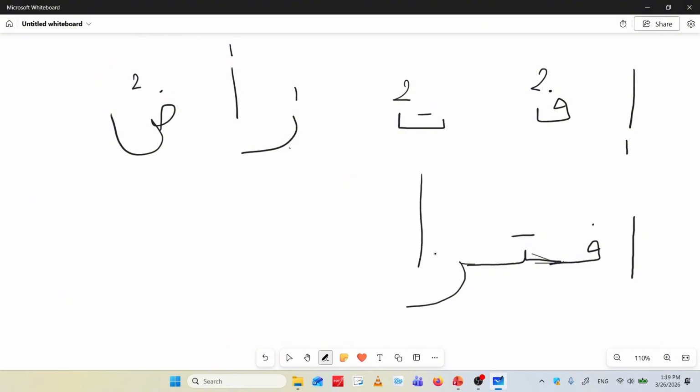And ra and alif will not connect to each other. Whenever you have two letters, both of them one-way connectors, and they are next to each other in a word, you don't connect them. Then we have dad. We write it like it's an isolated dad, because the alif is one-way. And this word is iftirad. Iftirad means assumption.